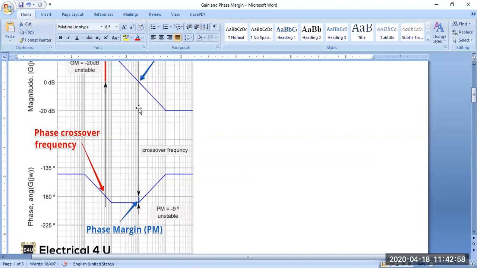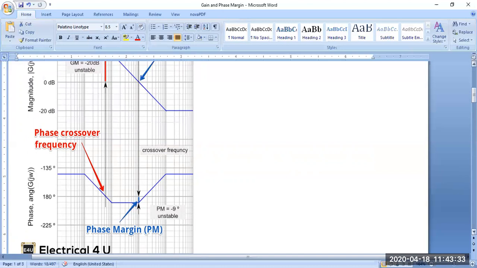Then extend this line below on the phase plot and cut the phase plot. Wherever the line cuts the phase plot, measure the vertical distance from 180 degree, that is x-axis, and see if it is below 180 degree or above 180. If it is below 180, it is negative. If it is above 180, it is positive. So this was all about gain margin and phase margin from Bode plots.